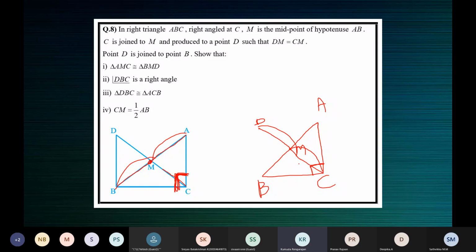So M is the midpoint of both AB and DC, isn't it? Yes, ma'am. M is the midpoint of both AB and DC.